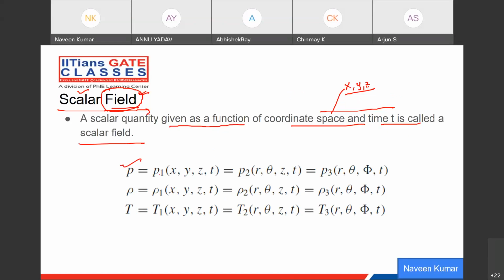Pressure is a function of x, y, z, and time. This is space, and this is time. If a scalar quantity like pressure is a function of space and time, that is called a scalar field. This is the Cartesian form; there are also cylindrical and spherical forms.